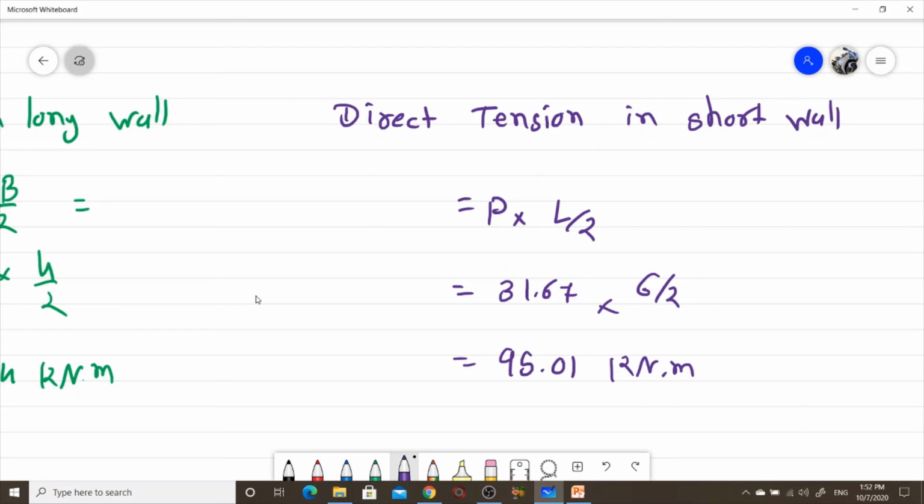Okay, so our moment calculation is completed. In the next lecture we will learn to design the reinforcement for the long wall as well as the short wall. Okay.